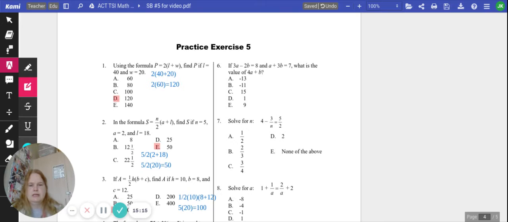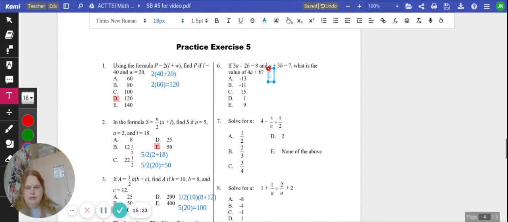All right, number 6. Here are two equations. What's the value of 4a plus b? Let's do it this way. Let's add them together. So I got 3a minus 2b equals 8. And underneath it, I'm going to write a plus 3b equals 7.